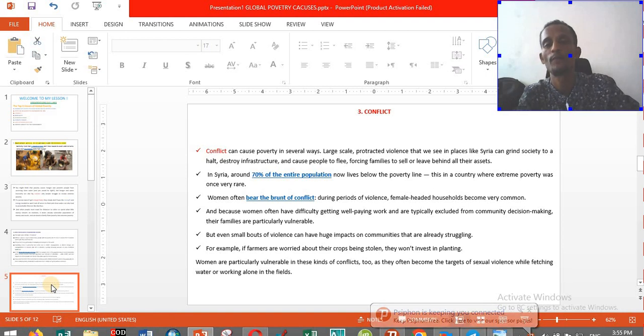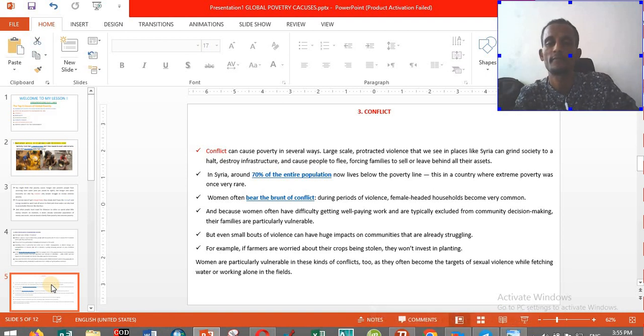Number three, conflict. Conflict is third in rank among the nine top causes of global poverty. We Ethiopians have experienced this many times, especially up to last year.